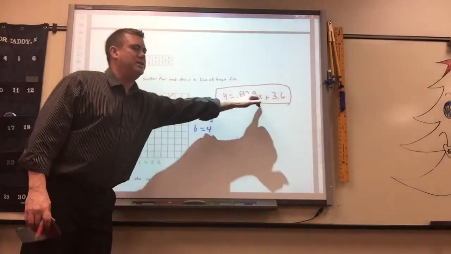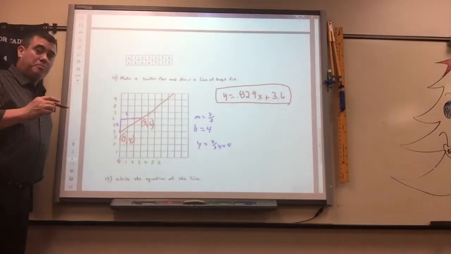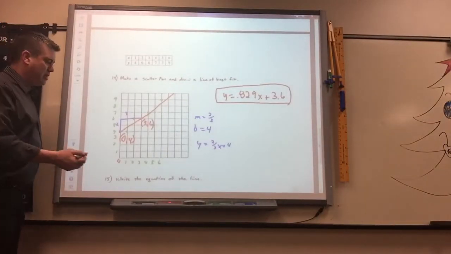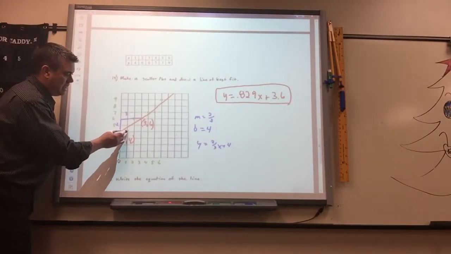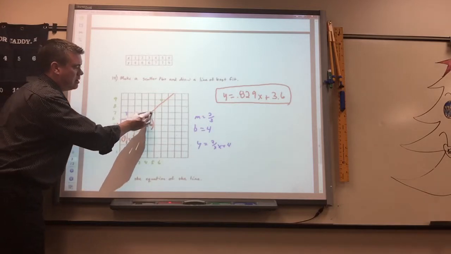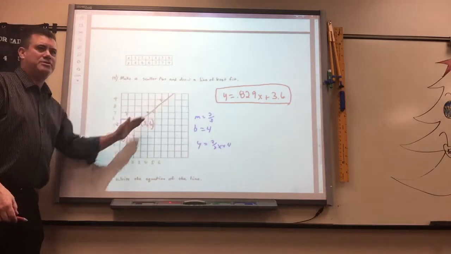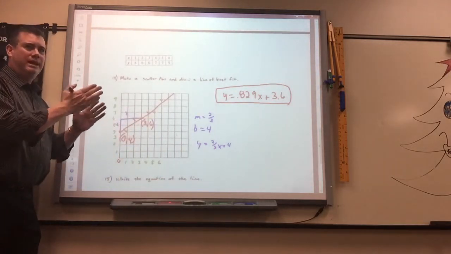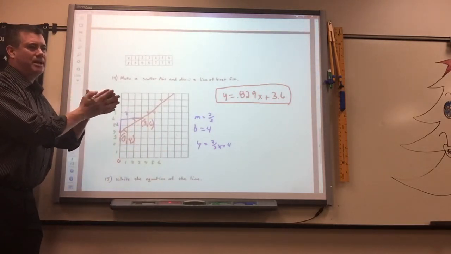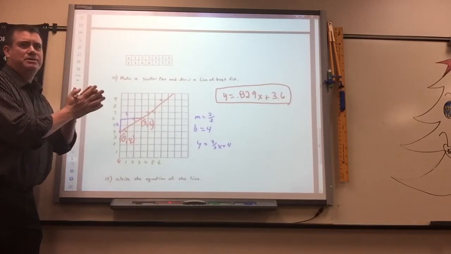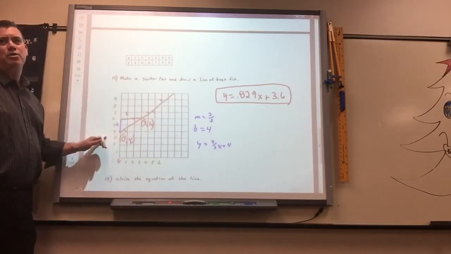And then 3.6 is actually where it would cross. The way they get this line of best fit is they measure from each point. On one side it's pluses and on the other side it's minuses. They take those distances and add them together and try to get them as close to 0 as possible. That's how the line of best fit goes in there.